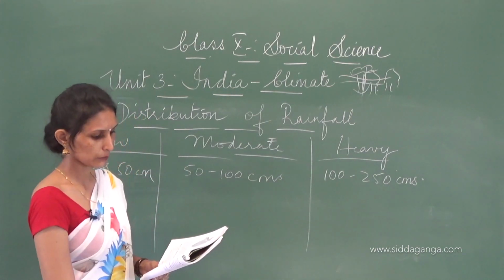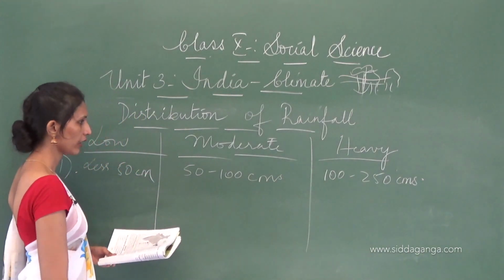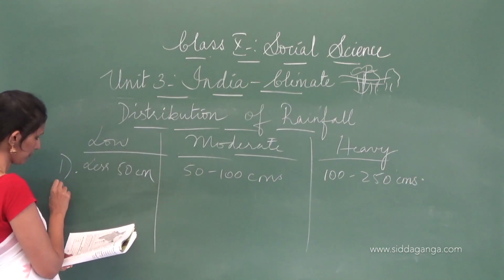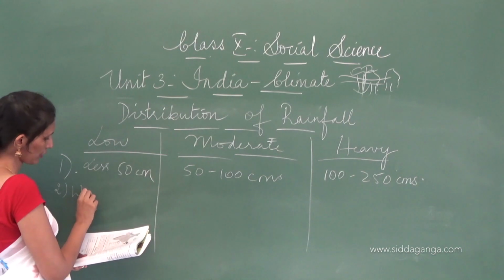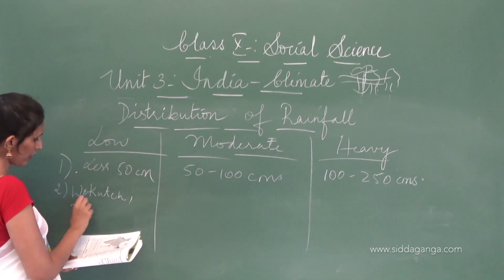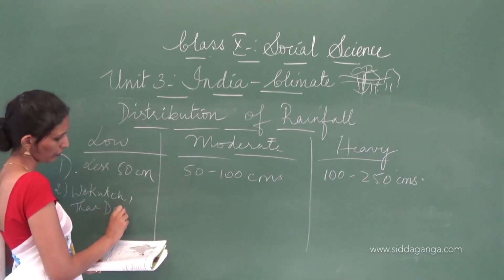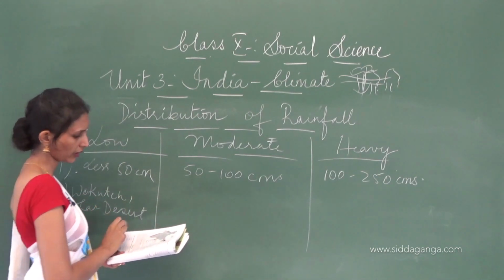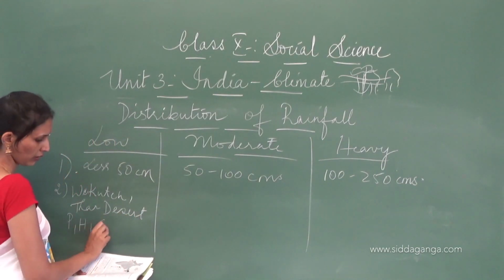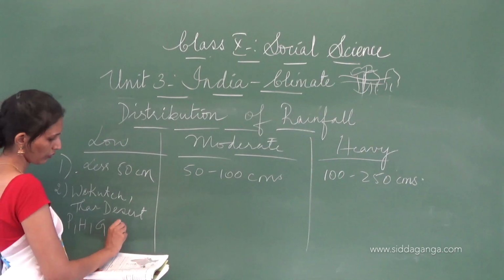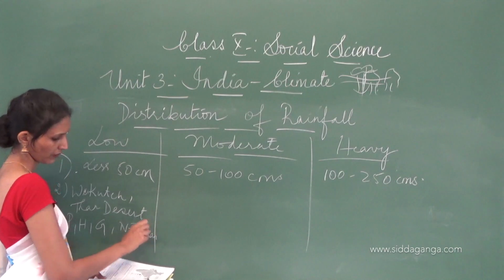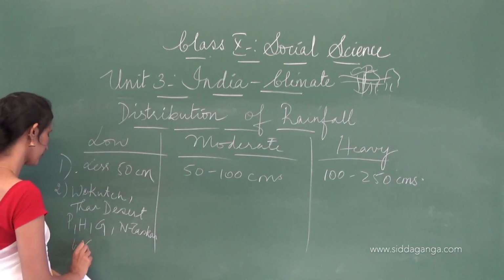Now, second point, areas which get less rainfall are the western Kutch, the Thar desert of Rajasthan, you write it fully, then Punjab, Haryana, Gujarat, north of the Zanskar region and the rain shadow area of the Western Ghats.